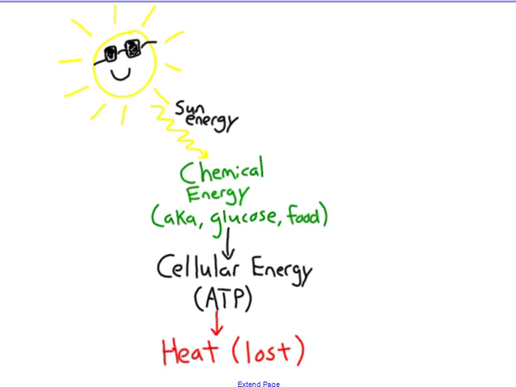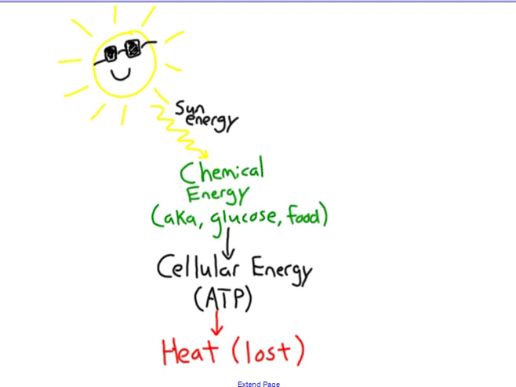Sun energy comes in, and all organisms get all of their initial energy from the sun. We have these wonderful things called plants, and they do this thing called photosynthesis, and they take the sun energy and they convert it into chemical energy. Chemical energy is just glucose, which is just food that we eat.